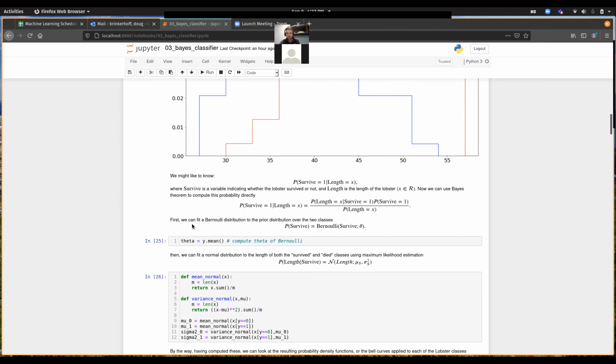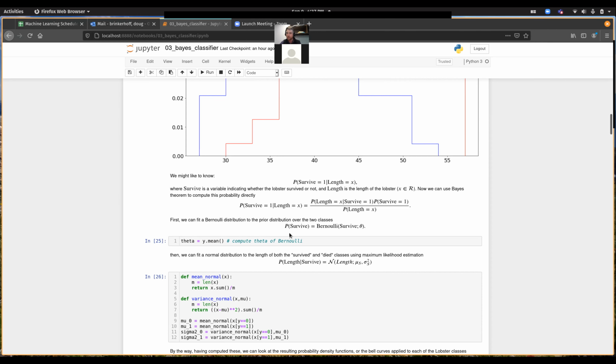So first, let's look at probability of survival. This is a random variable that has one of two outcomes, 1 or 0, success or failure, and we know how to model that. We model that as a Bernoulli distribution with parameter theta. And of course, we also know how to compute the maximum likelihood estimator for that value theta.